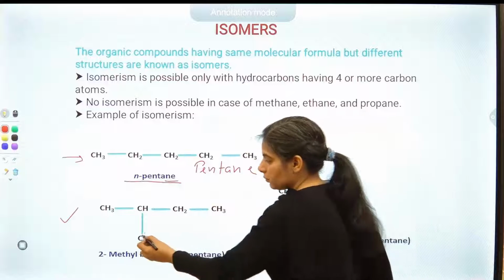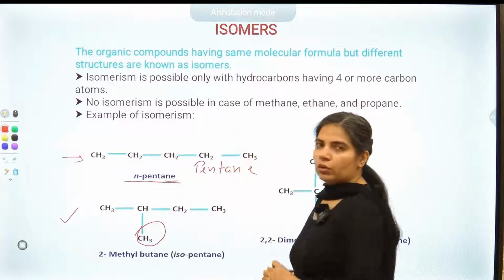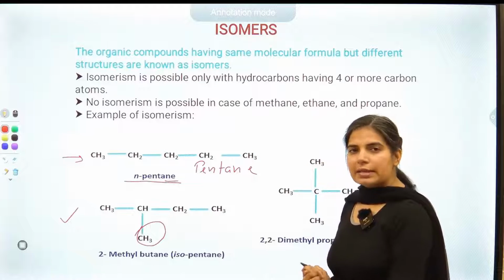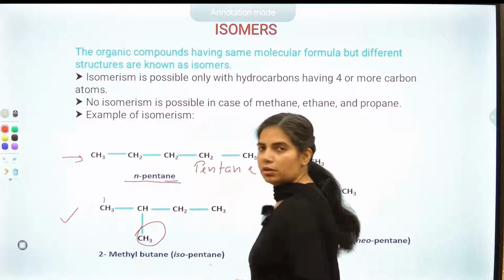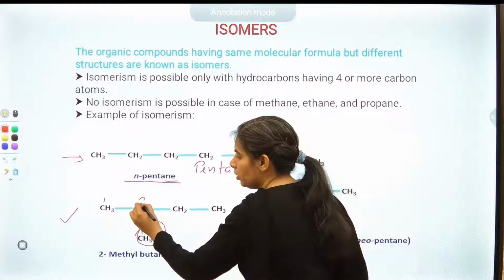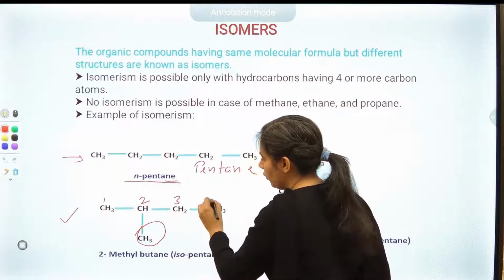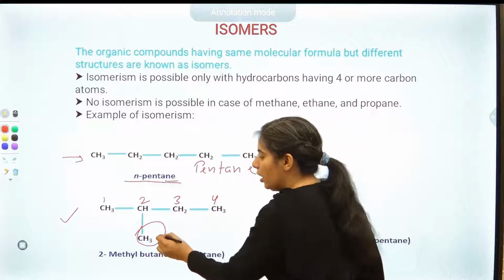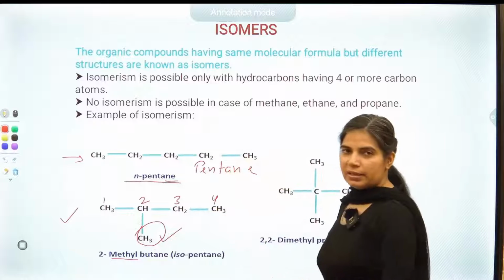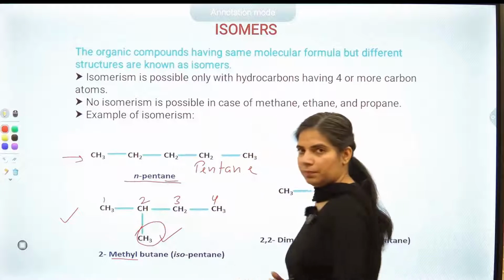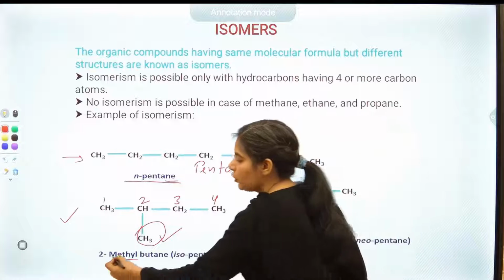Here, this molecule acts as a substituent, and while naming, we will start numbering from there. This is carbon number 1, 2, 3, 4. And this alkyl group, which is methyl, is present at the second carbon. So for that, we will mention 2.